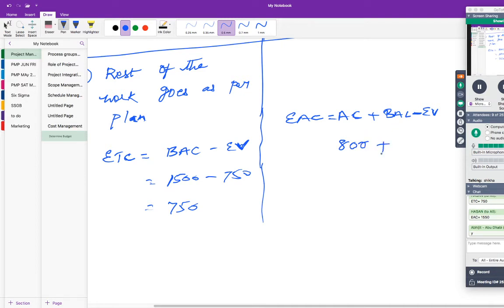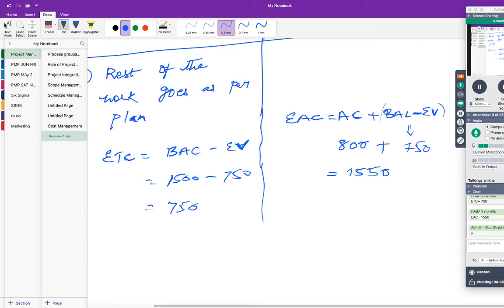But for the rest of the work, you have a positive thinking, like, no, I'll not go for any variance, I'll complete it as per the planned budget. So you'll get 1550. You get it? That's the meaning of it. All right, so this is the third scenario.